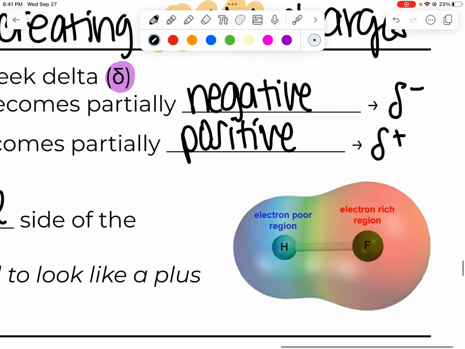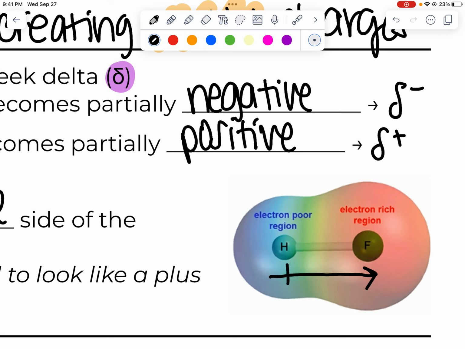So if I were to take a look at this molecule right here, HF, you'll see that the left side is electron poor, meaning electron deficient, doesn't have as much electron density, whereas the fluorine side is electron rich. It's pulling those electrons towards it. So the way that you would use this to indicate a dipole arrow is you would draw the arrow towards fluorine, which is the stronger atom, the more electronegative atom, and you would cross the end of your arrow like that.